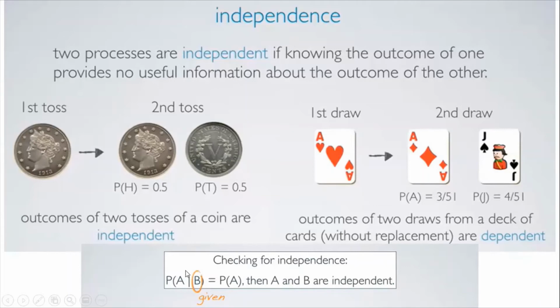What is the meaning? Whether you know B or not, whether you know which outcome you get, the probability of A is the same, so providing B does not have any value. If that is the case, then A and B are independent.